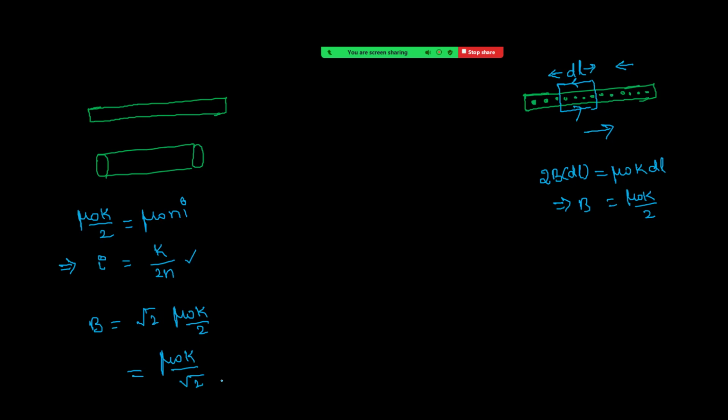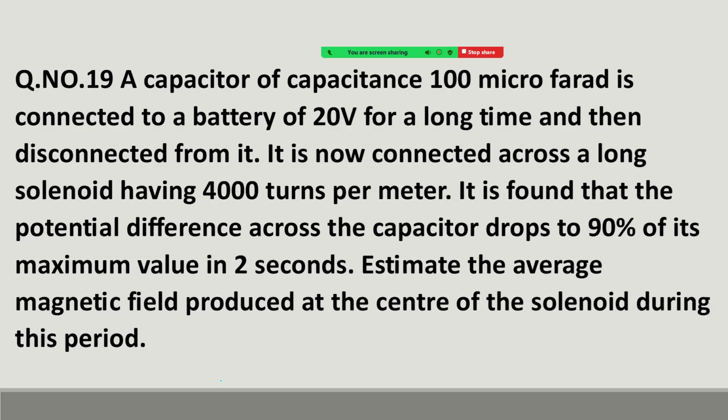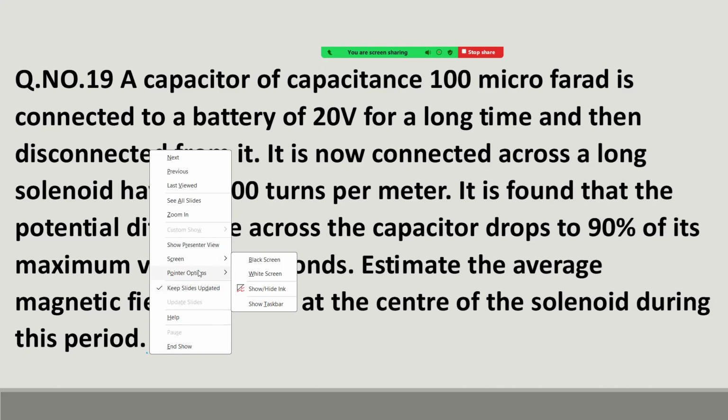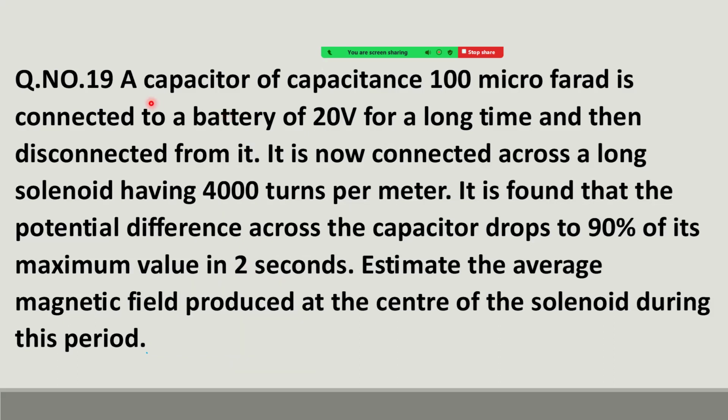Let us see the next problem. See what is given. A capacitor of capacitance 100 microfarad is connected to a battery of 20 volt for a long time and then disconnected from it. Given connected to the battery for a long time, it means the capacitor is fully charged, so the potential difference is 20 volt.